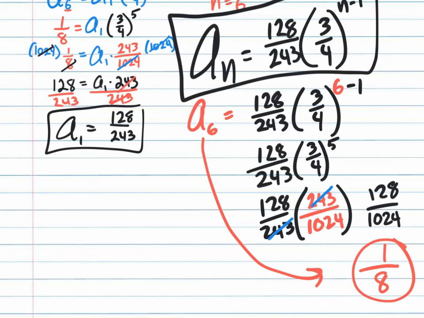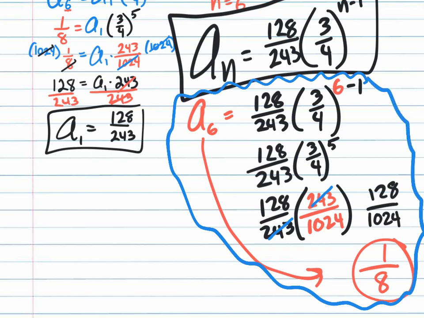So this whole work right here is unnecessary. It was just for us to check and see if we got the right a sub nth rule. When I plug in 6, do I get the answer 1/8? This is saying that our 6th number on the list is 1/8.